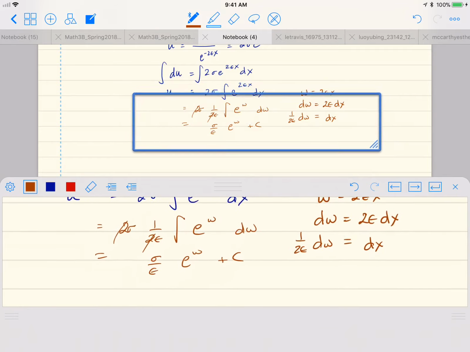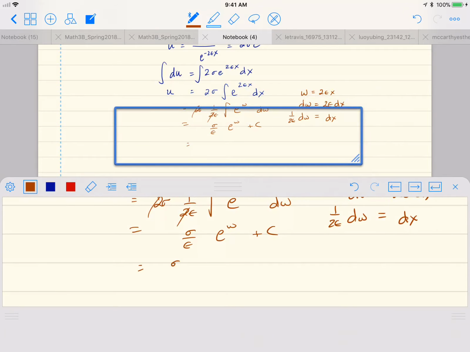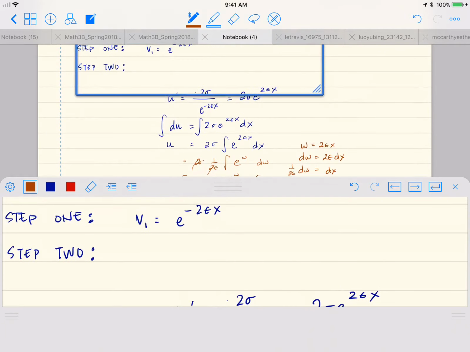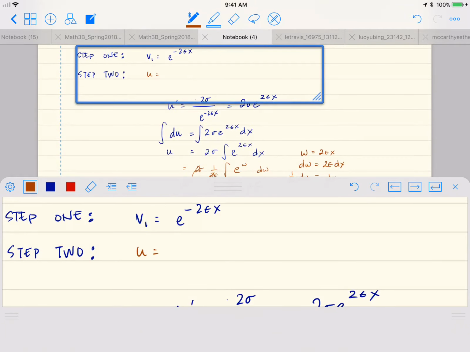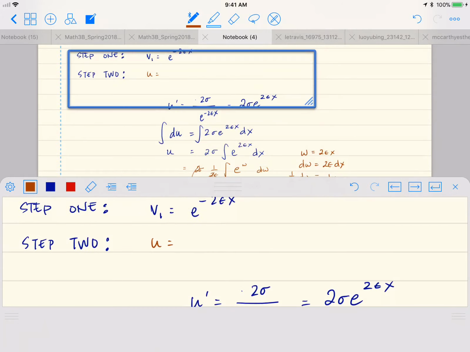But what was w? 2 epsilon x. So when we back substitute, we have sigma over epsilon times e to the 2 epsilon x plus a constant. So that's our u.